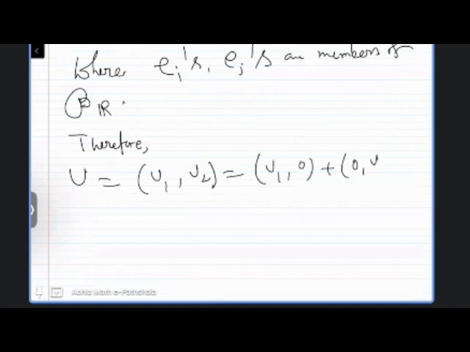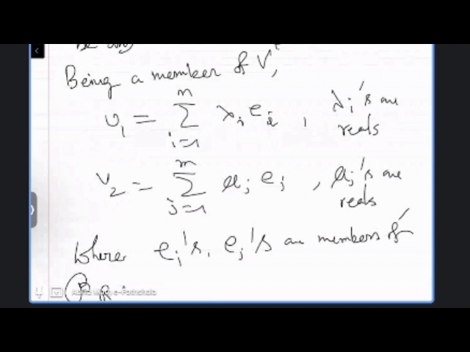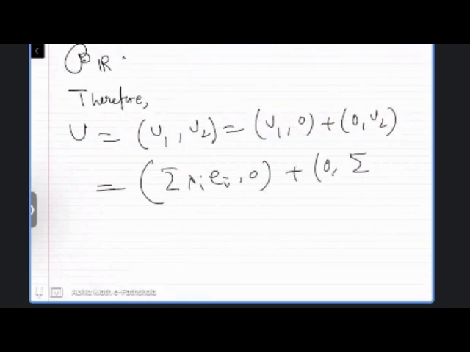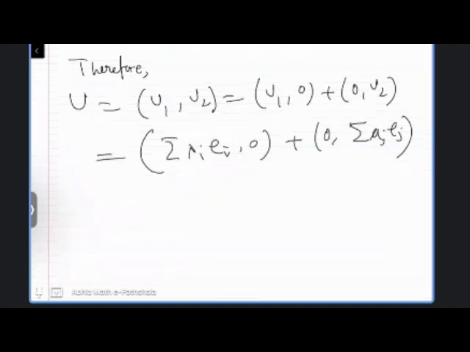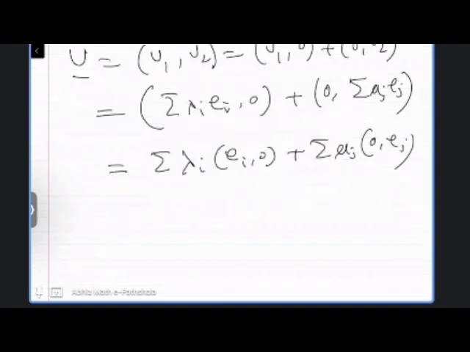I'm just putting in the expressions of v1 and v2 here: summation lambda i (ei, 0) plus summation mu j (0, ej).